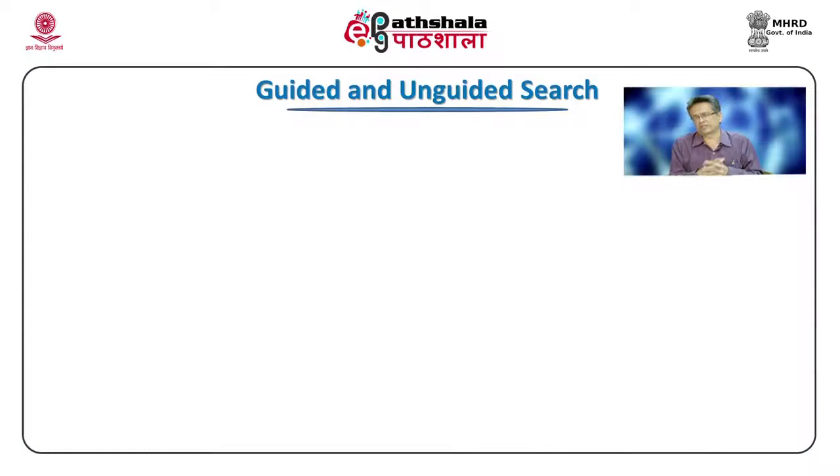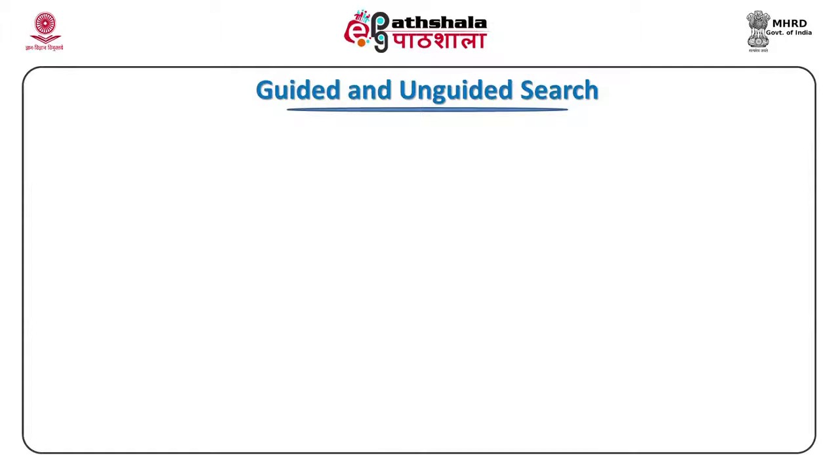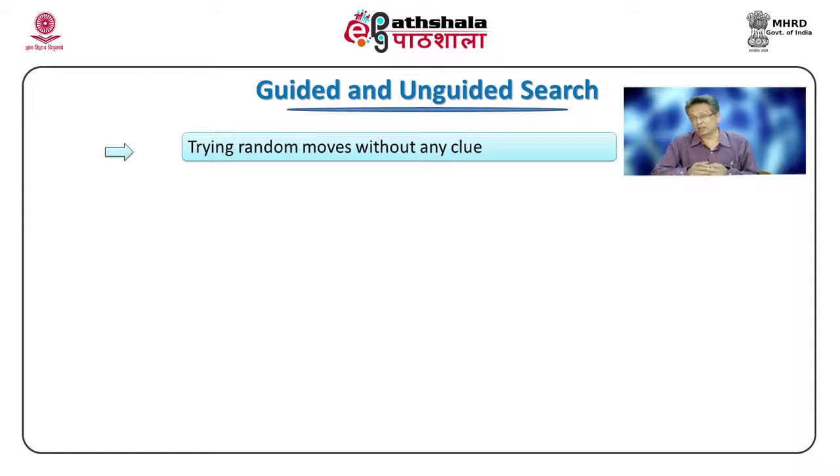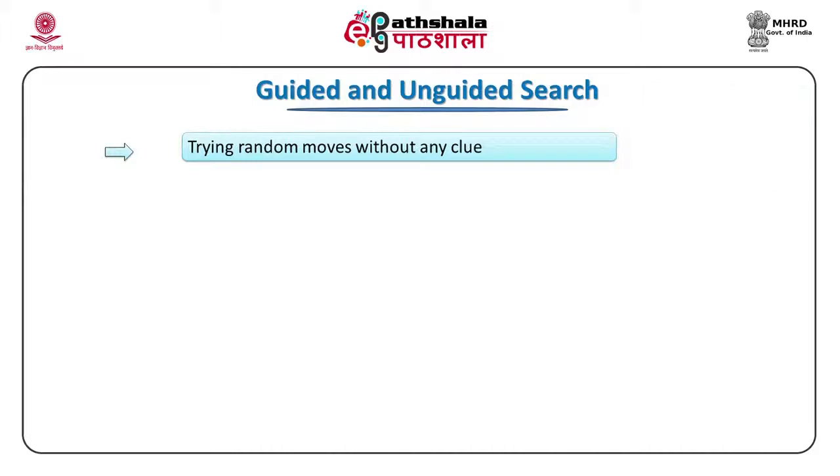We need to have some strategy to move around in the state space, and there are some characteristics of that strategy also. Let us see what that is. The maneuvering process itself is called search. For example, a chess program probably looks at 1,000,000 states during a chess playing session.